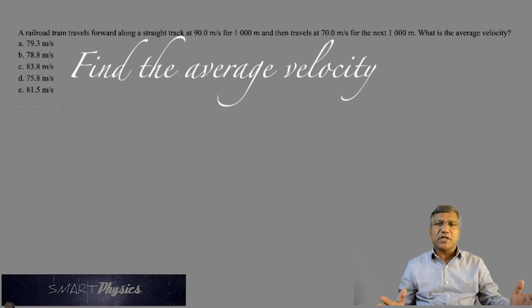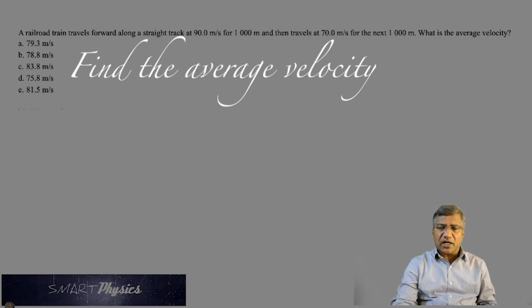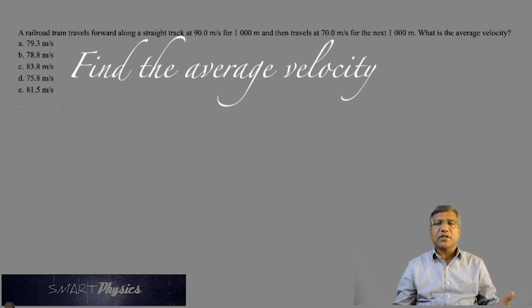But we do not know the time that it took. We can find the time in the first case, and again find the time in the second case. Add the two times, we will get the total time. Let me show you how it is done.